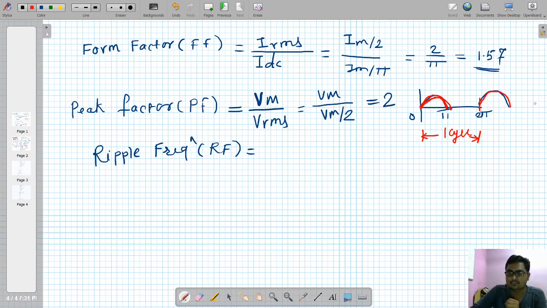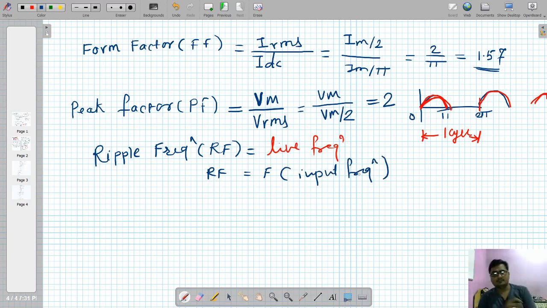So the ripple frequency will be exactly equal to the line frequency, that is, the frequency of the input that we have applied. Generally we write ripple frequency RF equals f, where f is the input frequency. Whatever the input frequency is, that is the ripple frequency of a half wave rectifier.